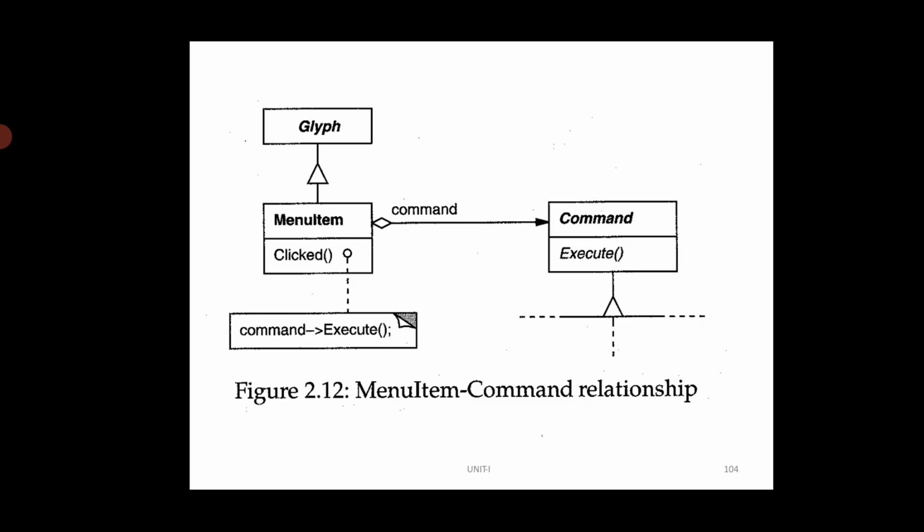We give each menu item object an instance of the command subclass that is suitable for that menu item, just as we specify the text that appears in the menu item. When a user chooses a particular menu item, the menu item simply calls execute on its command object to carry out the particular request.